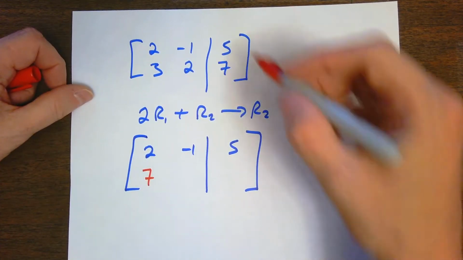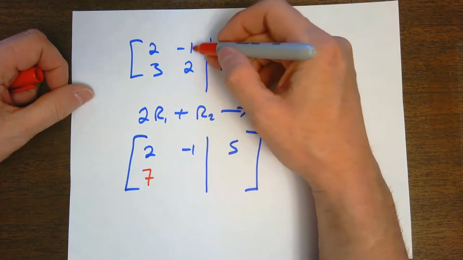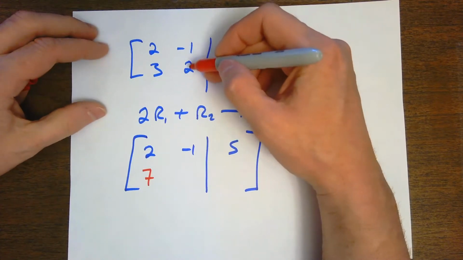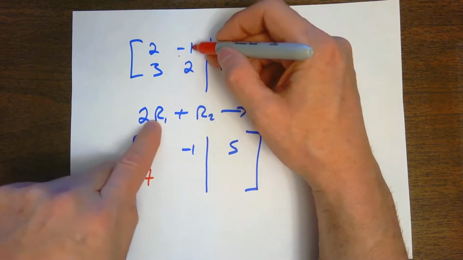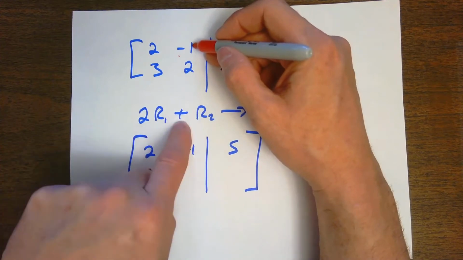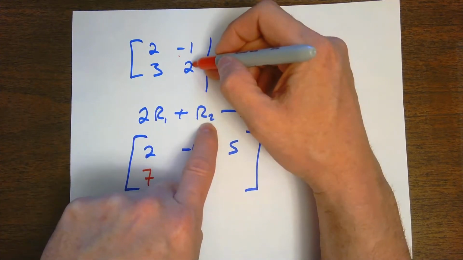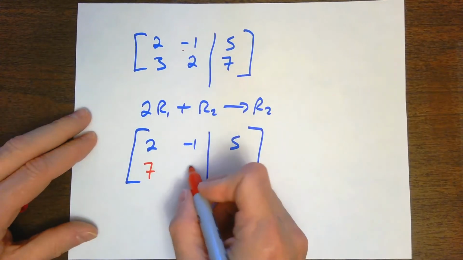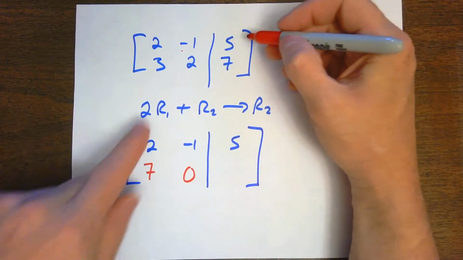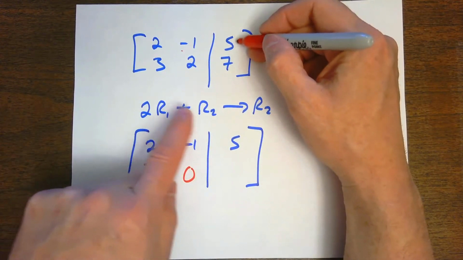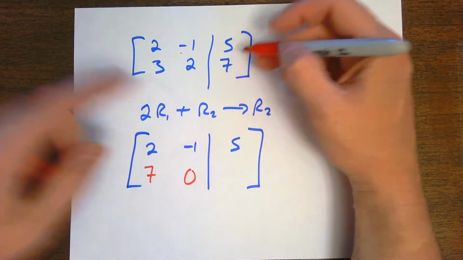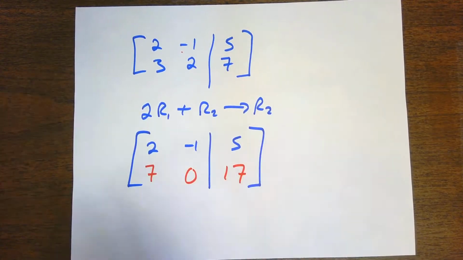And put it in there. 2 times negative 1 is negative 2. Plus 2, right? 2 times what's in row 1. 2 times negative 1 is negative 2. Plus what's in row 2. Plus 2 is 0. And put that in for row 2. 0. 2 times row 1. 2 times 5 is 10. Plus row 2, 7. 10 plus 7 is 17.